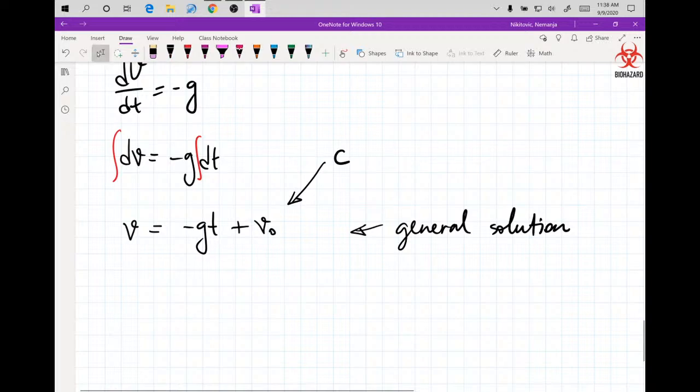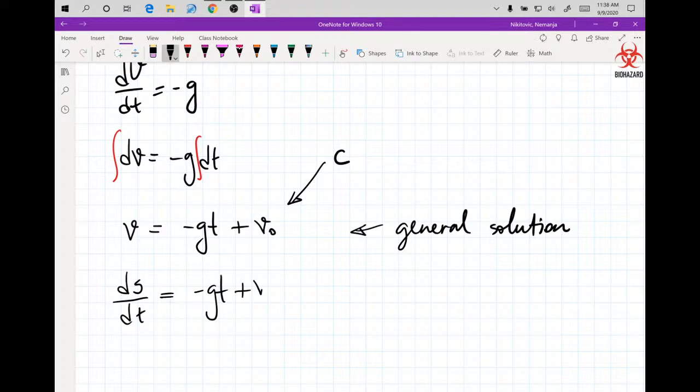You can hear the word change, and that's why we say that change in velocity is called acceleration. Now, what we can do is we can call velocity change in position in time. So velocity equals ds/dt. S is the position function.